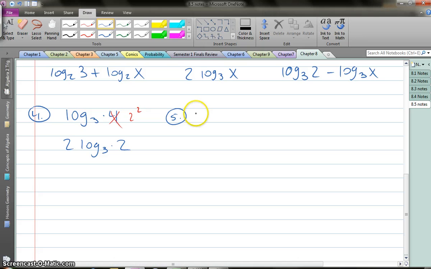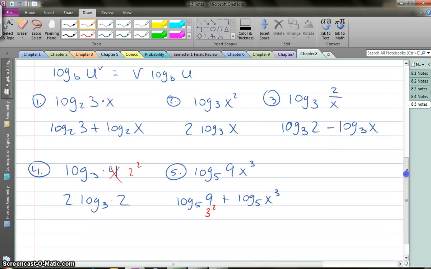Similar to this next one: log base 5 of 9 times x cubed. So now I have log base 5 of 9 plus log base 5 of x to the third. Now we need to expand these because 9 is 3 squared, so we're at this rule here.